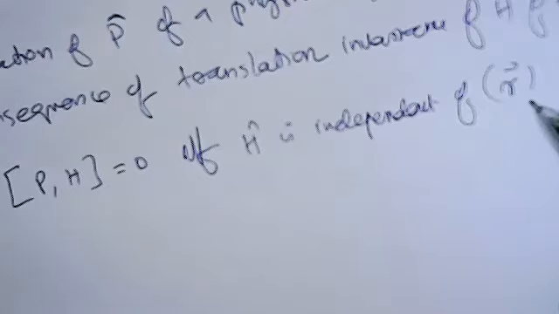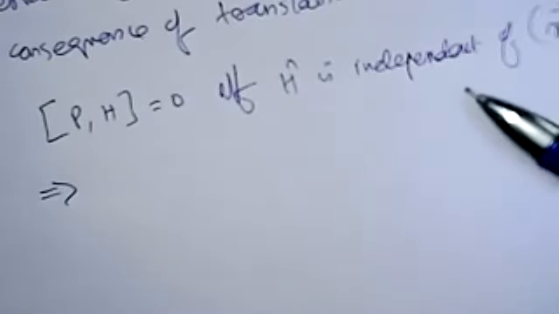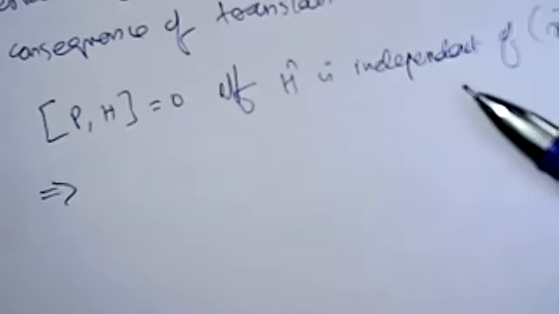What is the meaning of H being independent of R? Where does R come into the Hamiltonian? The Hamiltonian is the sum of potential and kinetic energy. R is not in the kinetic energy, only in the potential energy.